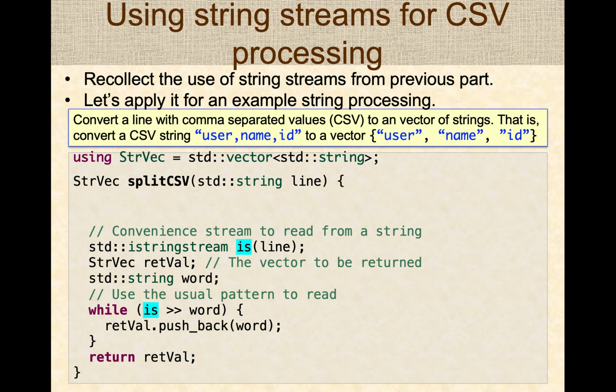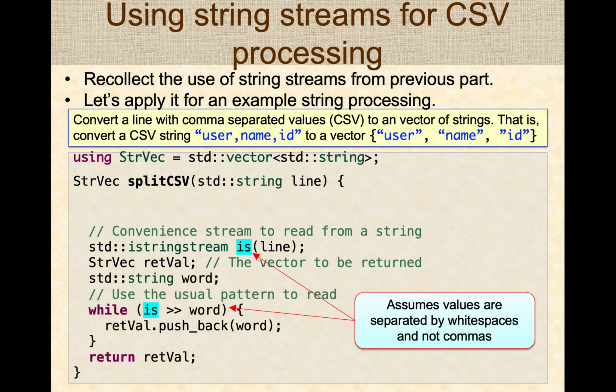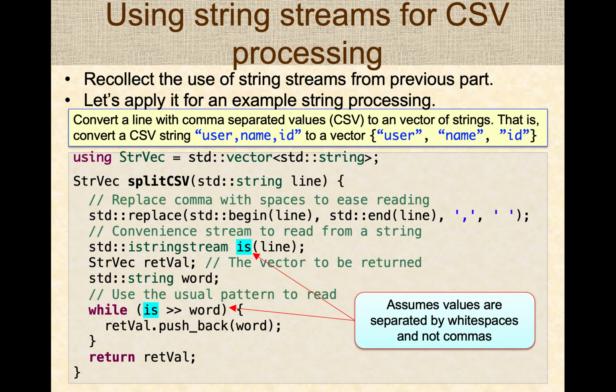Here we are going to use an input string stream to read words from the line, so it is convenient to reuse the paradigm from the previous presentations. There is one gotcha here. The input stream assumes that values are separated by white spaces and not commas. However, here I want to work with data that is separated by commas. So there is one modification that we need to do, which is to replace all of the commas with white spaces.